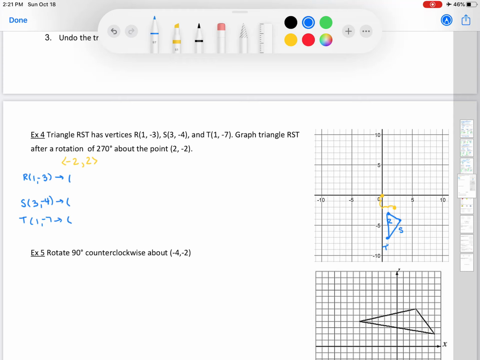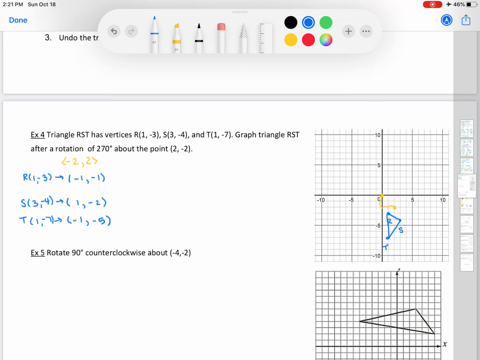So I'm going to subtract 2 from all of their x coordinates. So 1 plus a negative 2 is negative 1. 3 plus a negative 2 is a positive 1. And 1 plus a negative 2 is a negative 1. All of my y coordinates of those starting points are going to be moved up 2. So negative 3 plus 2 is going to give me negative 1. Negative 4 plus 2 is going to give me a negative 2. And negative 7 plus 2 is going to give me negative 5.